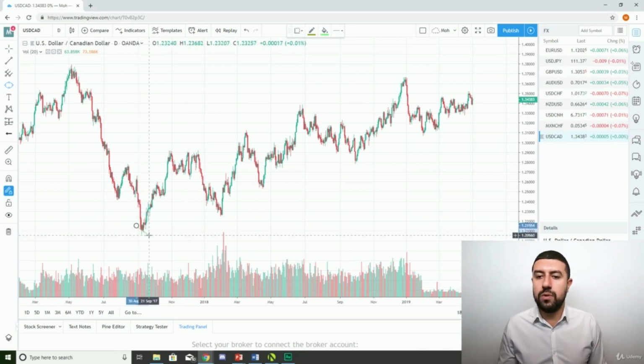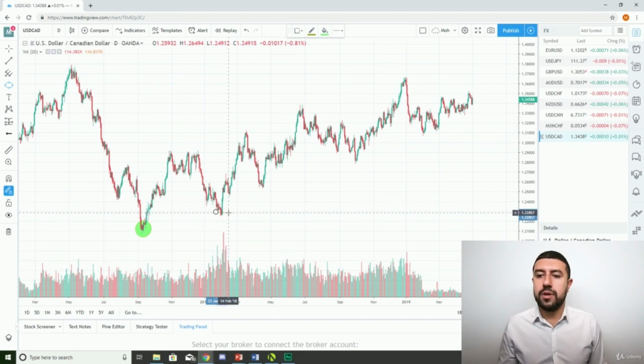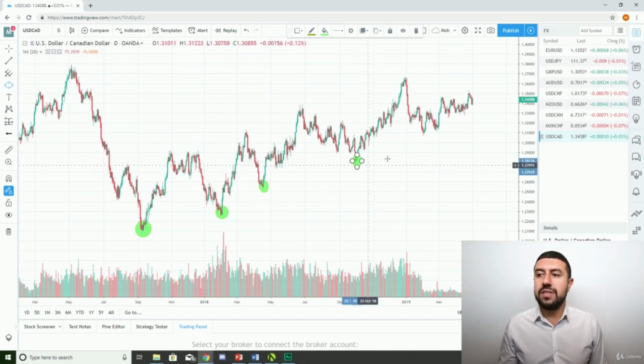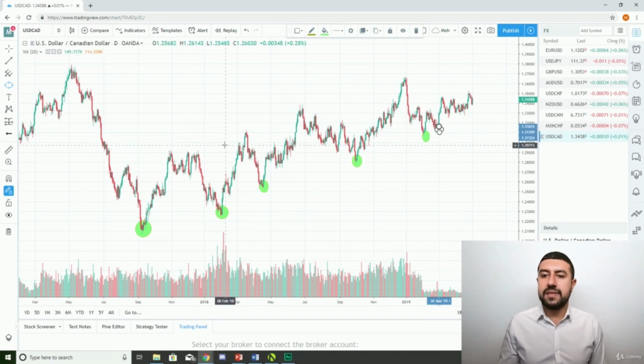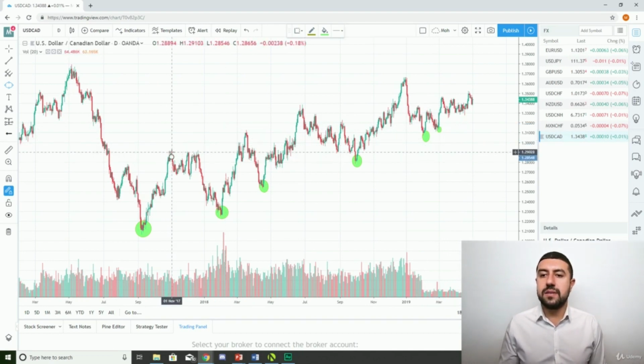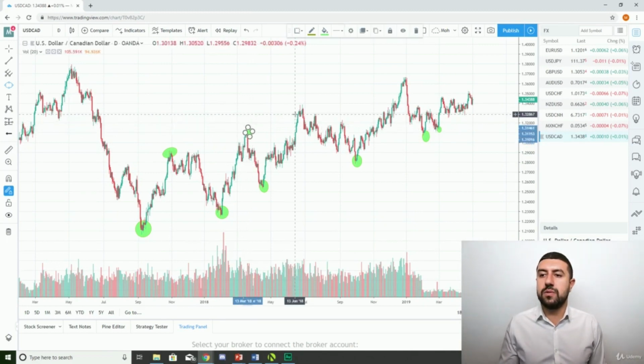Every time I have a low, okay, there's a low here, but look at the next low. The next low is a bit higher. And look at the next low. The next low is a bit higher as well. And look at the next low, also a bit higher. So it doesn't have to be perfect, but you can see that each low is higher than the previous one, right? And I can see also that the highs are higher. Each high is a bit higher than the previous one.